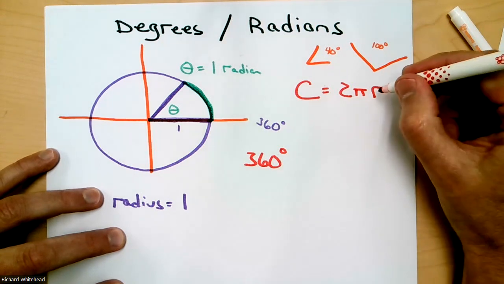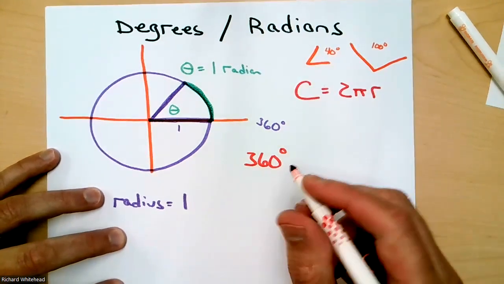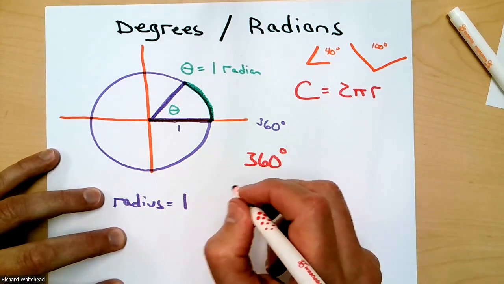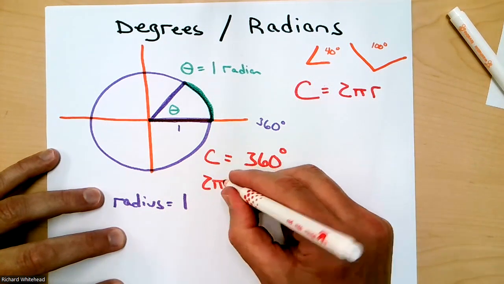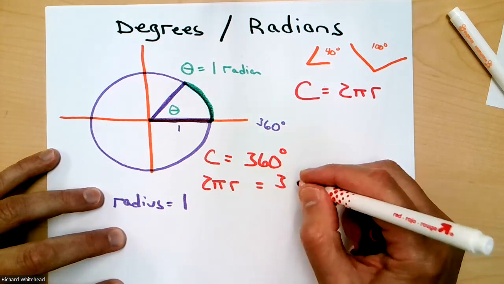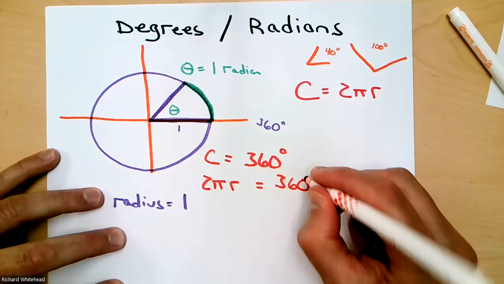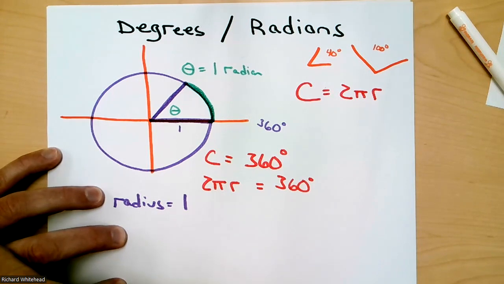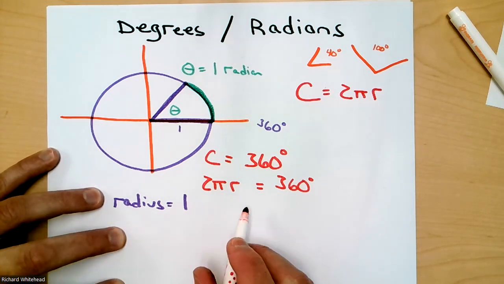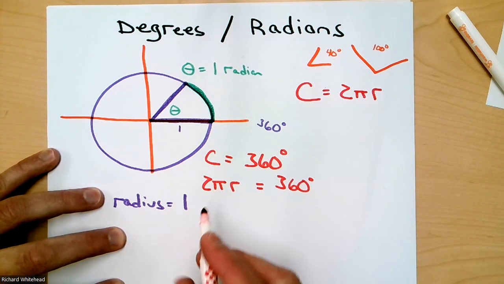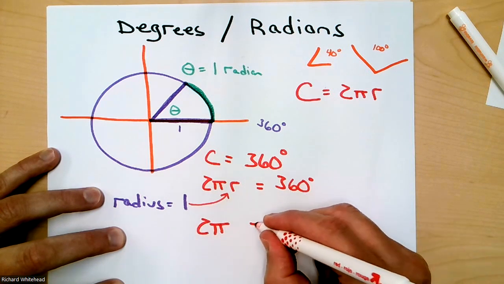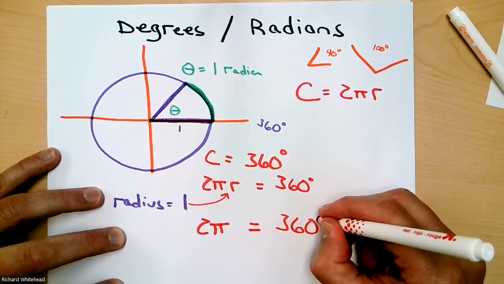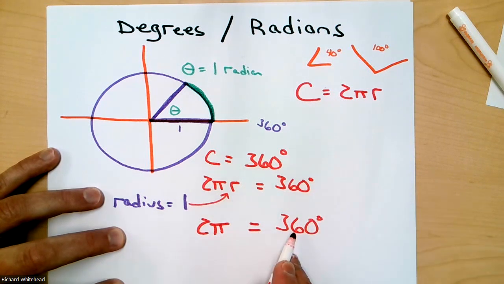So if the circumference is 360 degrees, and I know that the circumference is 2 pi r, you with me? And we know that R is standardized to be 1. Then we'd say, wait a second. That means when R is 1, 2 pi is equal to 360 degrees.